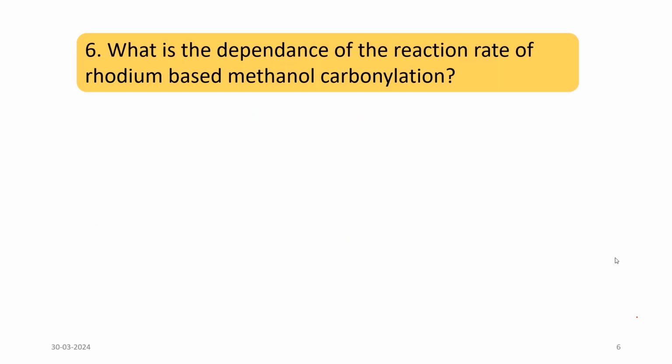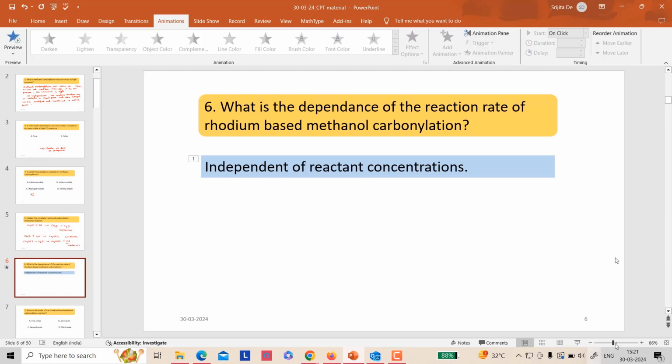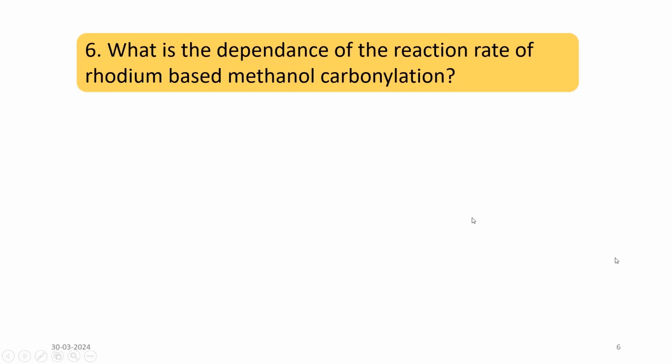Next question is, what is the dependence of the reaction rate of rhodium-based methanol carbonylation? That means this Monsanto process, methanol carbonylation, where rhodium is used as catalyst.